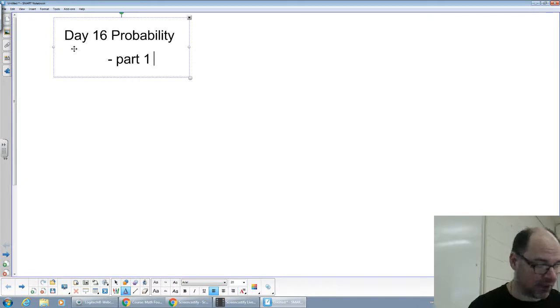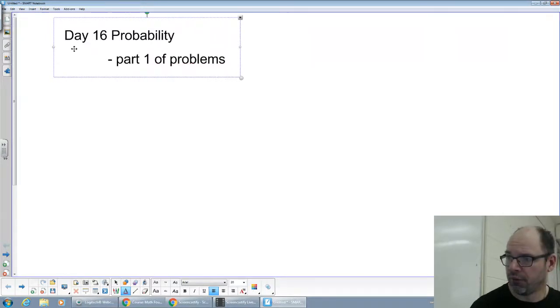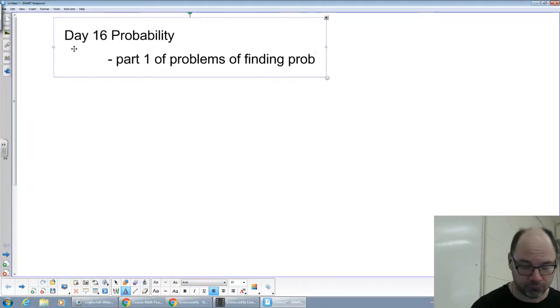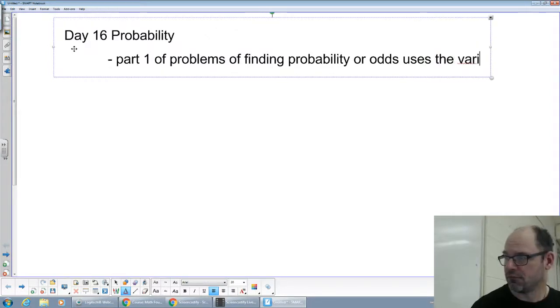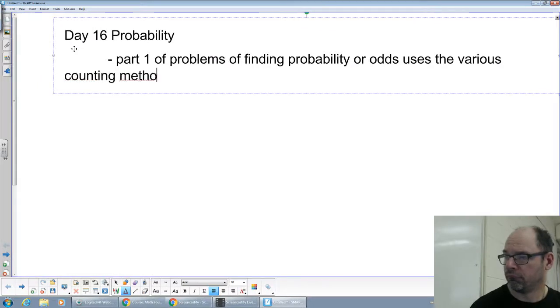We're going to be looking at problems of finding probability, or odds, I guess, using the various counting methods from chapter 4.